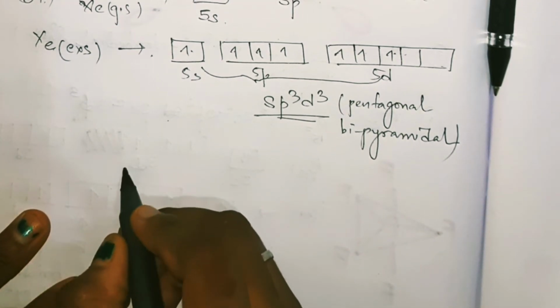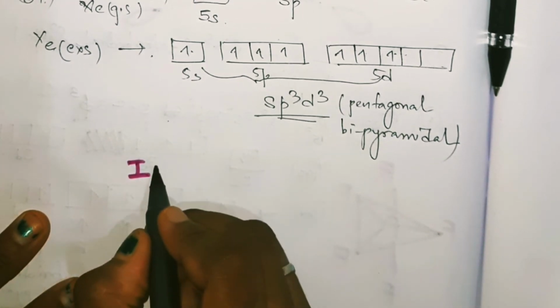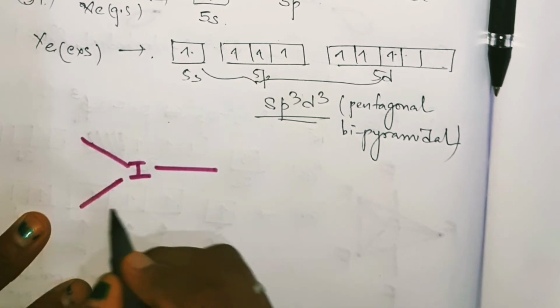Now see what the shape will be if it is like this. So the thing is like this. See, check.